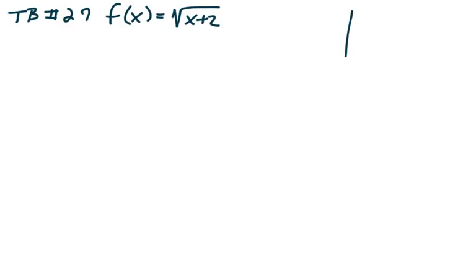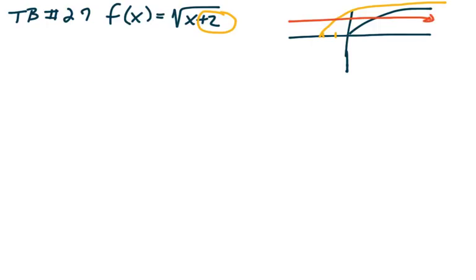Hopefully you recall from your transformation refresher that the root function looks like this, but our function has a transformation. You're adding 2 in the x direction, so you move to the left, so this function looks like this. So indeed, this passes the horizontal line test.